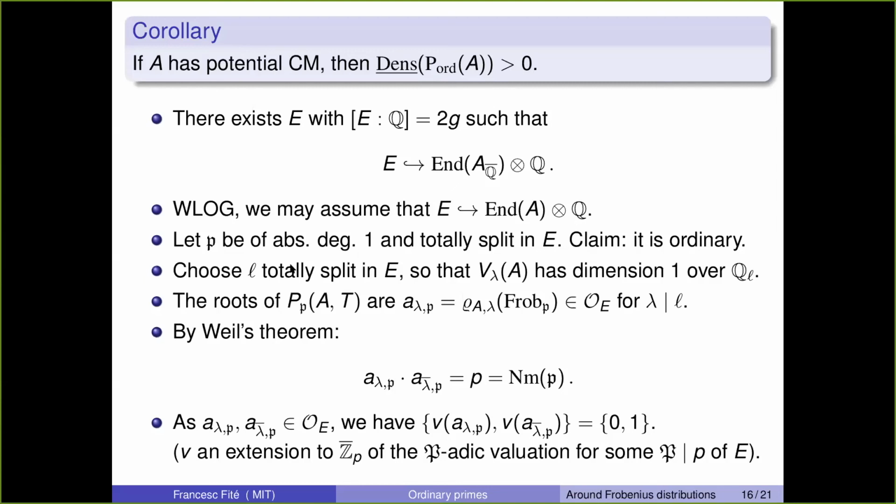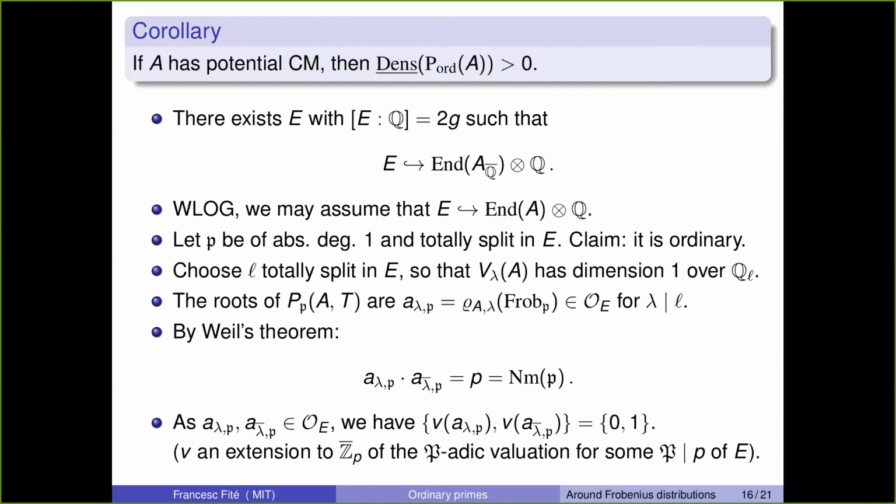If I choose L totally split in E, they will have dimension 1 over Q_L. And then it follows from the decomposition of V_L in terms of the sum of these spaces V lambda that the roots of the characteristic polynomial of Frobenius are precisely the images of Frobenius by the lambda-adic representation rho lambda.